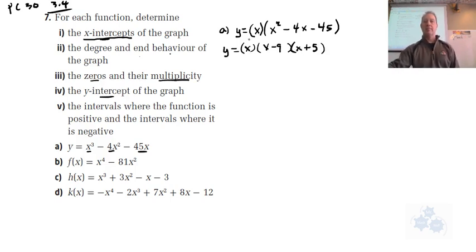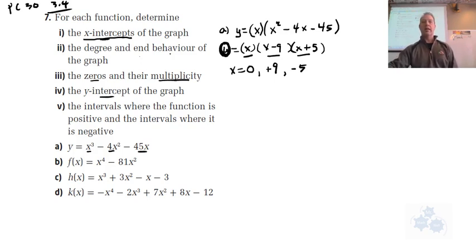That's correct. So here we have our three factors. The x-intercepts will be where each factor is equal to 0. Because we let this equal 0, we can solve for the zeros. So x is going to be equal to 0, positive 9, and negative 5. Everyone see that? Those are the zeros.